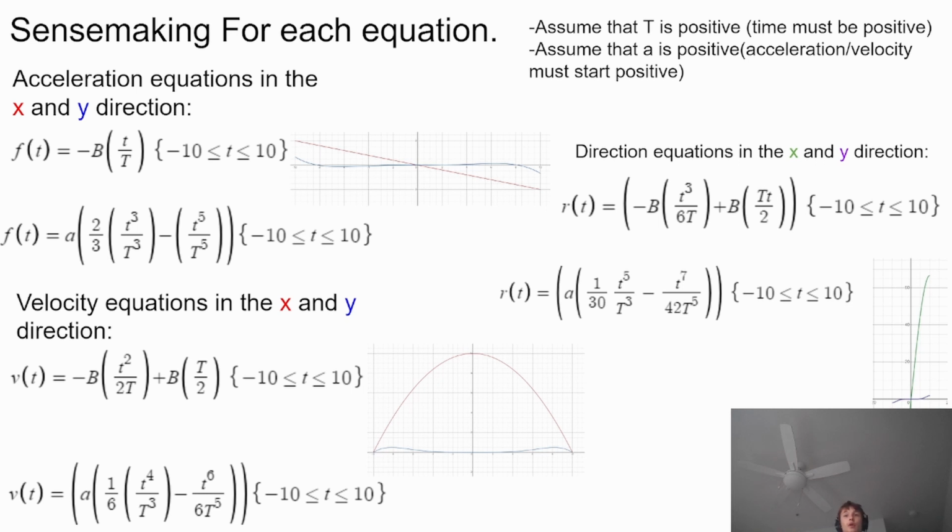And then for the y direction, for the position equation, as we increase a, we're going to get a bigger change in position. As we decrease a, smaller change in position, and the opposite is true for T. As you increase T, we get a smaller change in position. Decrease T, we get a bigger change in position.